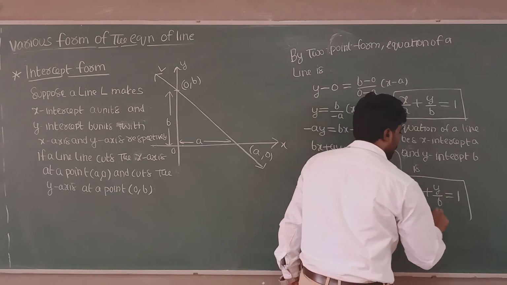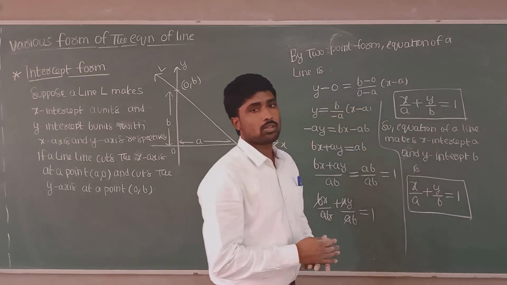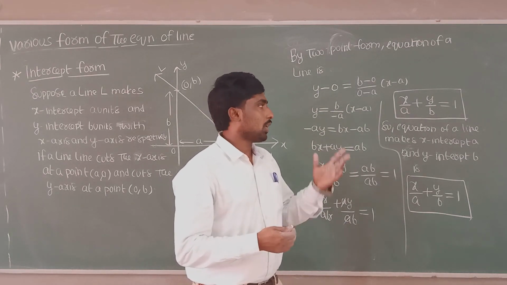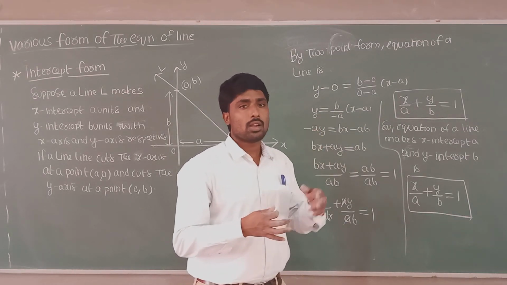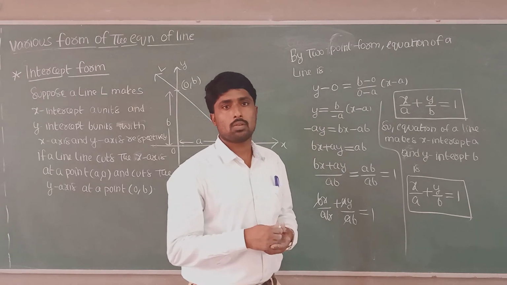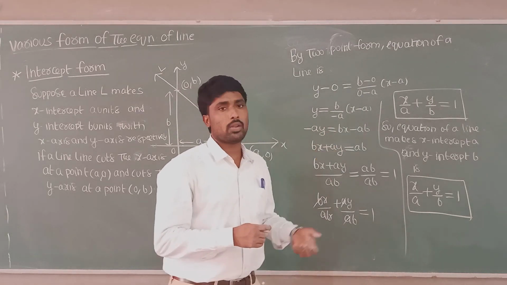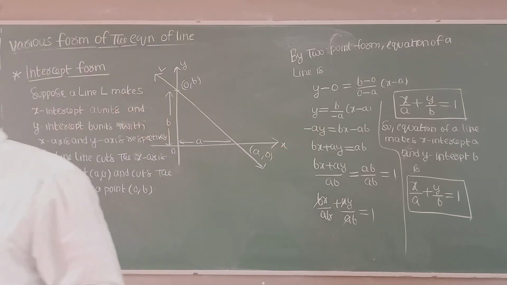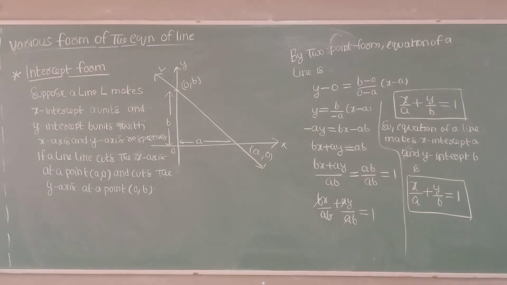Okay, so all of you understand the difference between slope intercept form and intercept form of a straight line? Intercept form of a straight line means it is intersecting both the x-axis and the y-axis. Okay, is it clear everyone? So all of you note down, I will discuss one problem based on this.